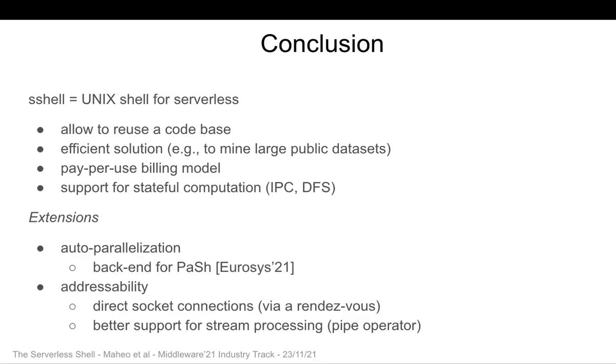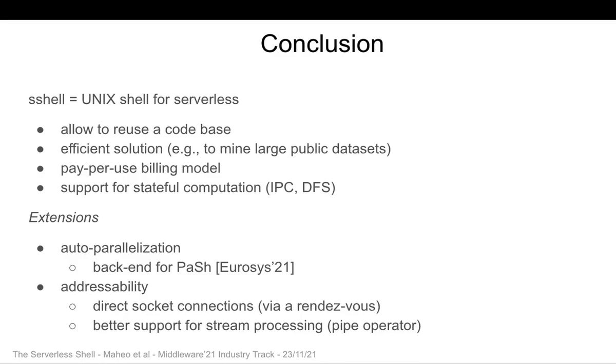For future work, we want to support auto-parallelization. For this, we intend to use existing work, which is named PaSh, which consists of parallelizing UNIX shell scripts and producing a parallel version of the shell script using named pipes.